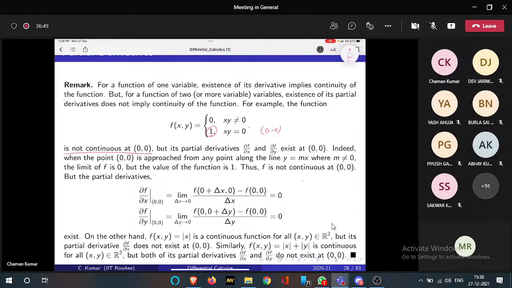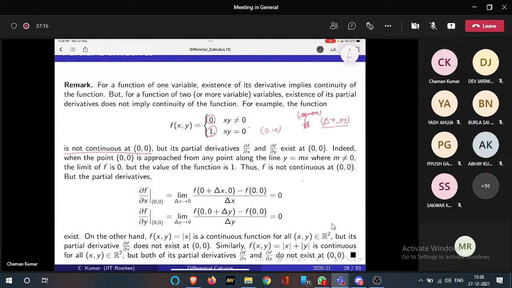Okay. If you take any other point, (0, delta x), then delta x, any other point (delta x, delta y), the value of the function is 0. And when you take the limit as (delta x, delta y) goes to 0, this limit will come out to be 0.